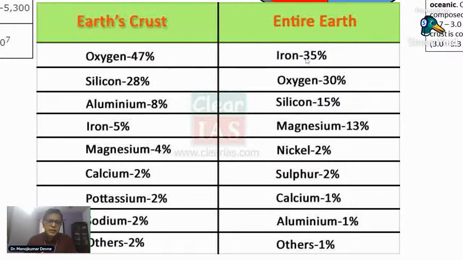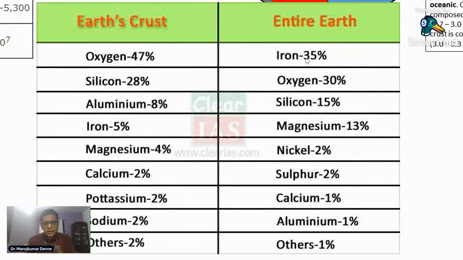Now, I would say that yes, we have explained a few things, but these figures have to be taken with a pinch of salt. Why do I say that these figures have to be taken with a pinch of salt? Basically, because on the left side of your screen you have the elements which make up the Earth's crust, and on the right side are the numbers that make up the entire Earth. Now, obviously, percentage wise, though there is a difference, I could point out a few of them which are very close to each other.